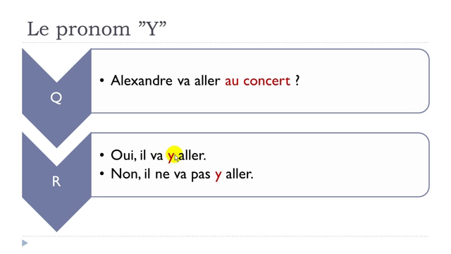Il va y aller. Negative form, non, il ne va pas y aller. Okay, so your negative form is before and after the first verb, and that's the key thing. Okay, and then your pronoun is coming before your second verb. Okay, so your pronoun y should be always before your second verb.